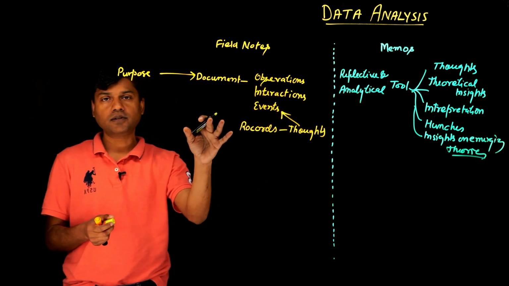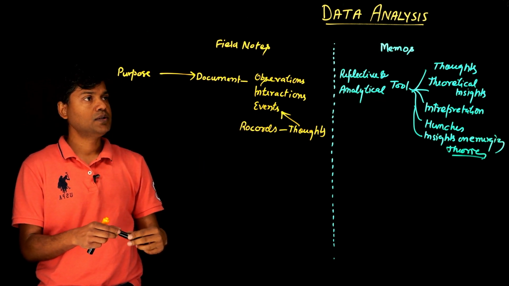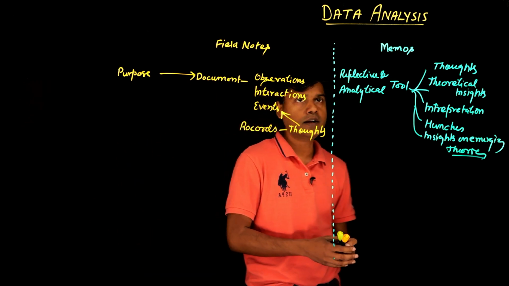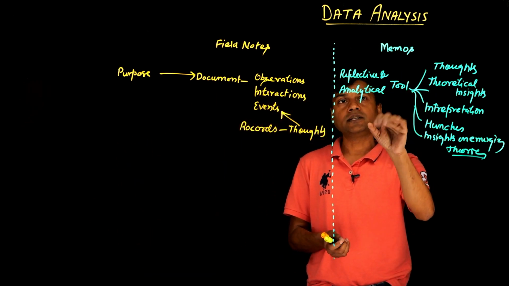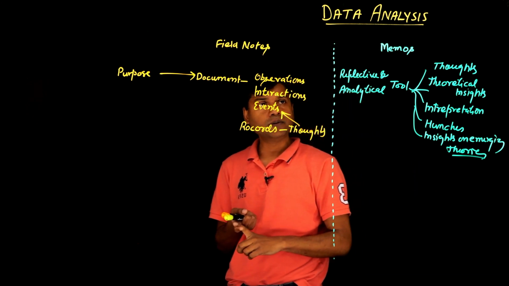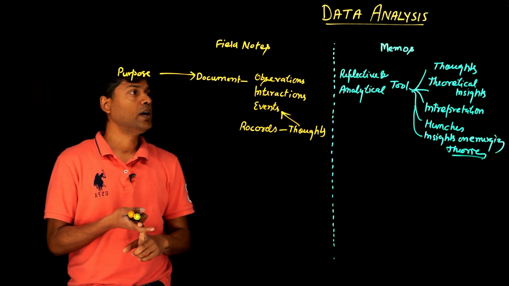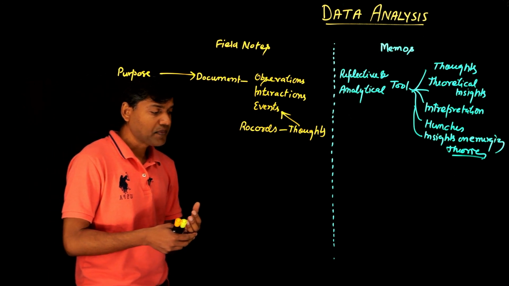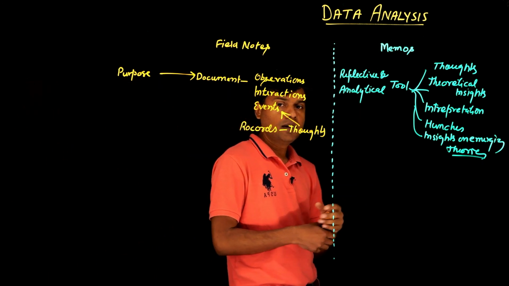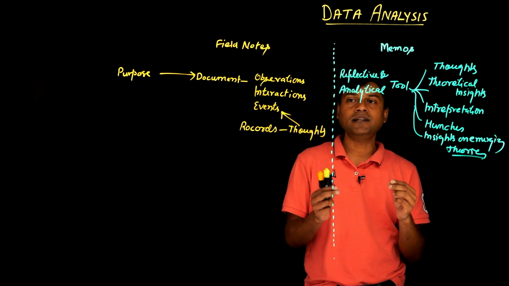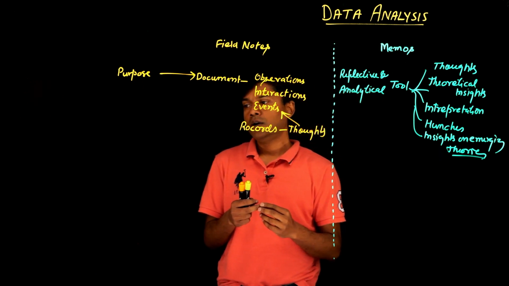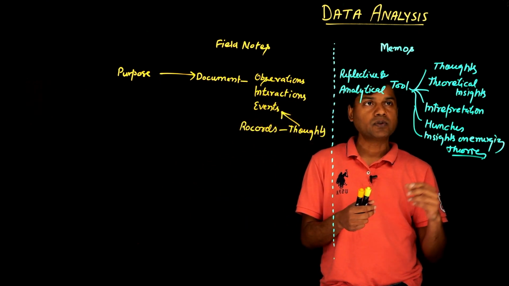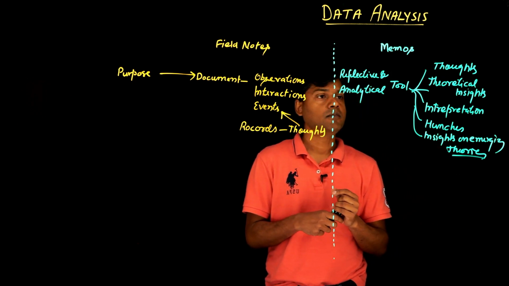Unlike field notes, which are a document to record researcher observations regarding the interactions happening in the field and the process of data collection, memos are a reflective and analytical tool. We call them that because in memos you write your thoughts related to theoretical insights. For instance, when I'm doing my initial coding, I may have an insight about a code, a theme, or a theoretical understanding, and I will write those in my memos.